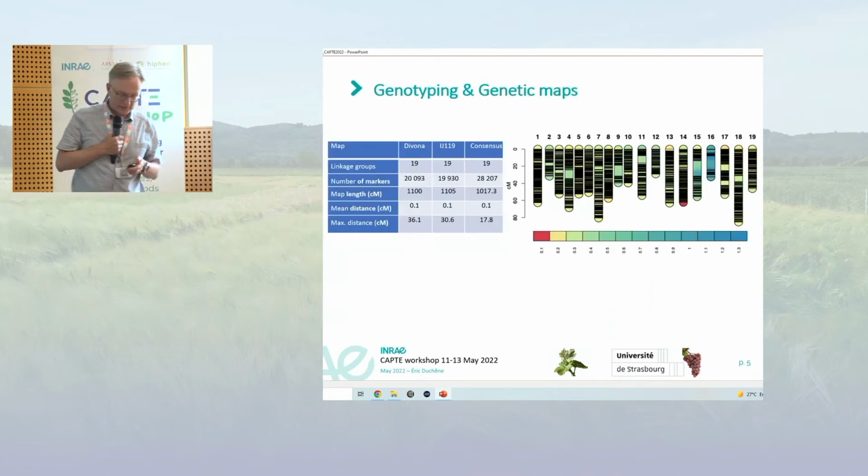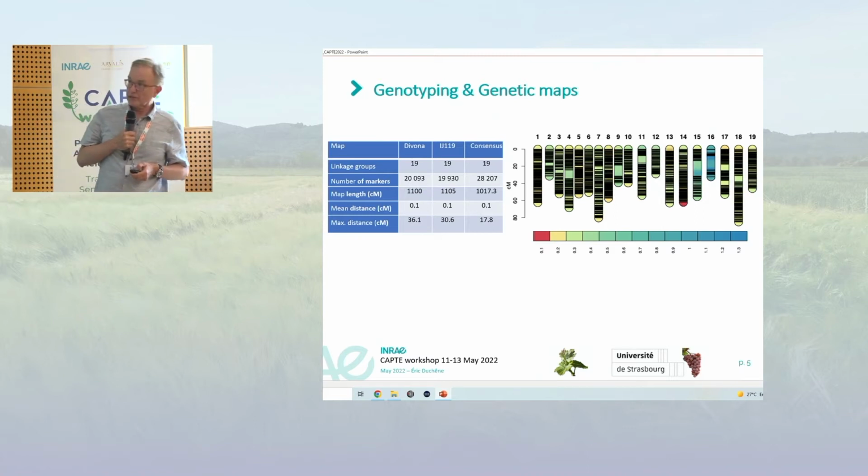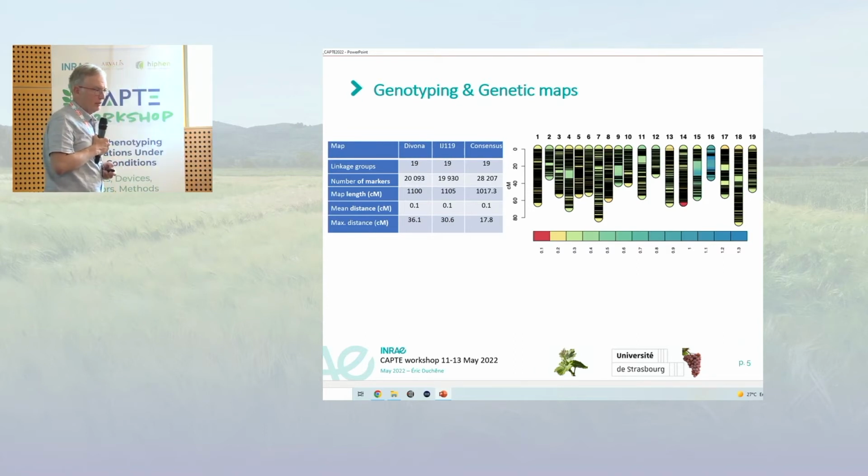So we have very nice genetic maps. We have what we call parental genetic maps, one for Divona, the other one for IG119. For each of these maps, we have about 20,000 markers with a very, very high density of markers.